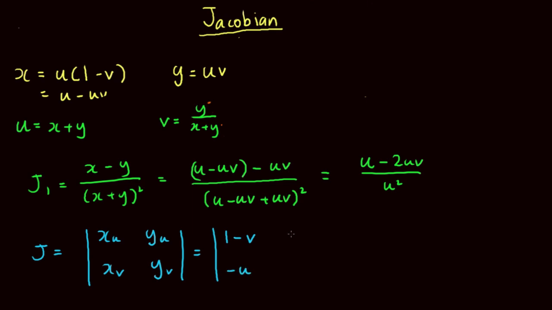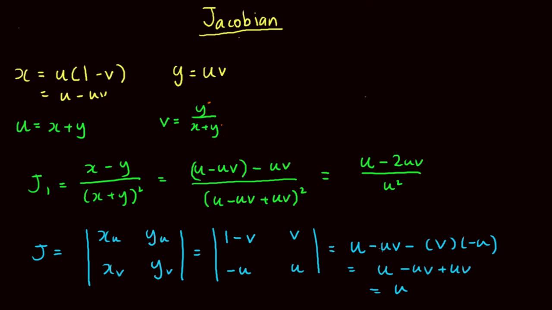Okay, that's where my mistake was. And yu would become v, yv would become u. So it would be just u minus uv plus uv. So the answer is u.